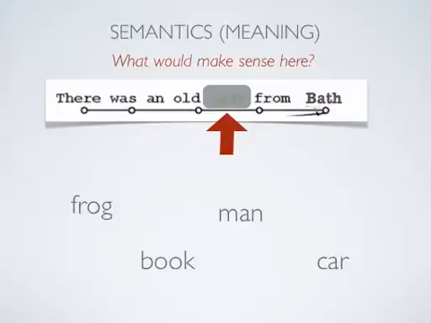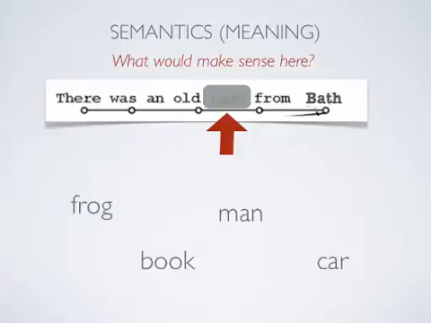So someone who is relying on semantics but had no graphophonic cues to go by might put one of these words there, all of which result in semantically acceptable sentences. There was an old frog from Bath, there was an old book from Bath, there was an old man from Bath, or there was an old car from Bath.